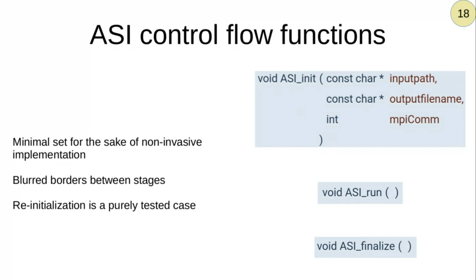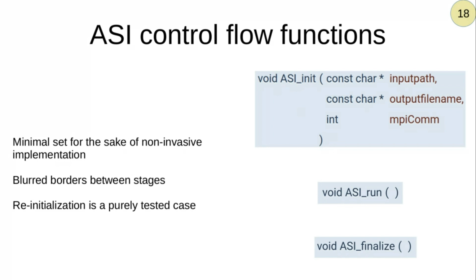because we didn't want to introduce too many control points within existing codes that are usually designed to be launched as a standalone executable, not as a library. Therefore, there are no pre-designed borders between the initialization, running, and finalization stages.